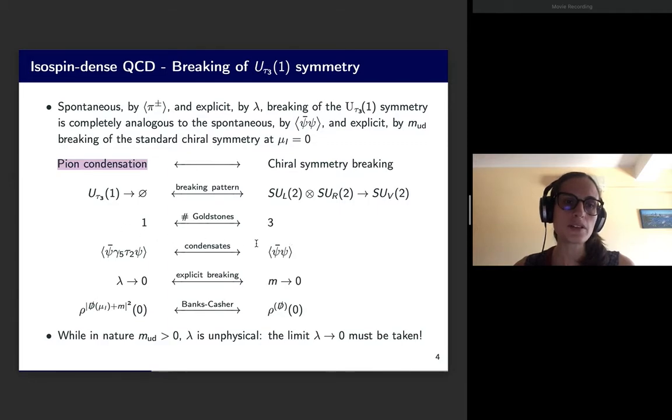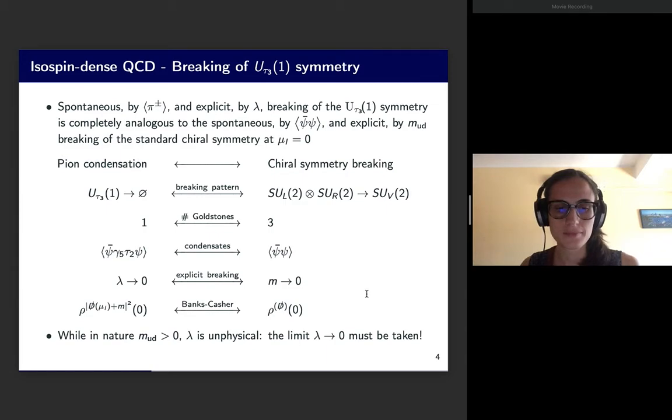And the other important difference is that you have, on the one hand, just one Goldstone, which is made pseudo by the fact that there is also an explicit breaking, which is what makes the symmetry group empty. And in the other case, you have 3 pseudo-Goldstone bosons. As you know, these are the 3 pions, the neutral and the 2 charged ones. The condensates are matched in the way that I already described, and the explicit breakings are either by the mass or by lambda.